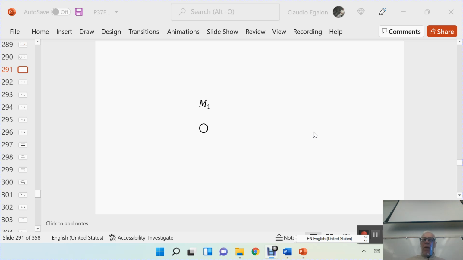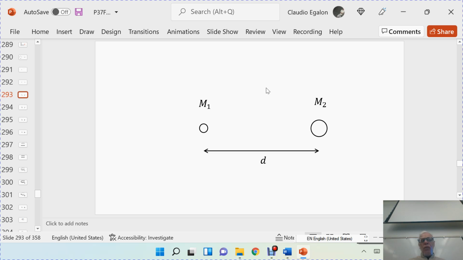So what he discovered was that if you have a mass in space, just like this mass m1, and you have a second mass m2, separated by a distance d, then the second mass exerts a force on the first mass.